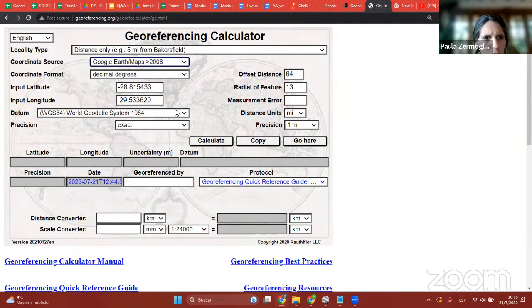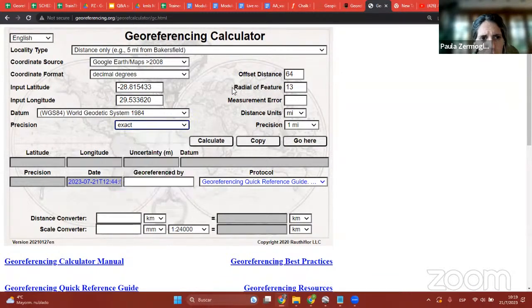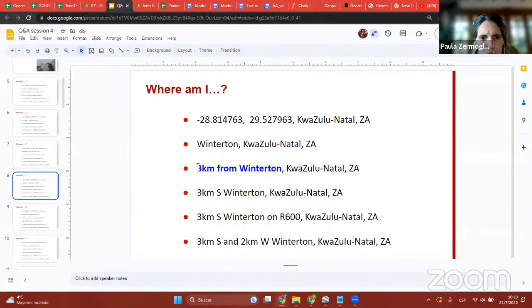They are in decimal degrees. The datum is WGS84, because we took those coordinates from Google Earth. The precision, since we have here 6 decimal places, is exact, because we don't have an option for 6 decimal places.